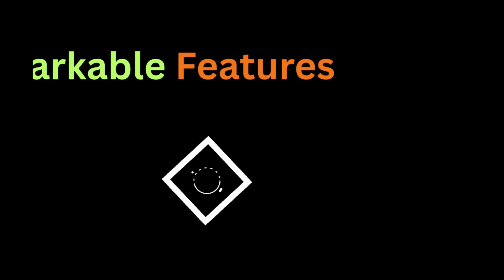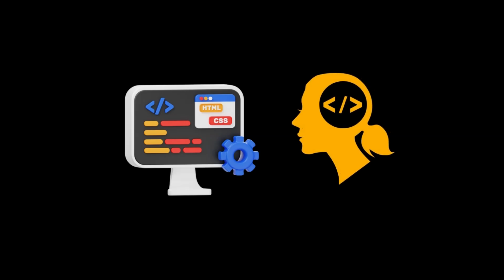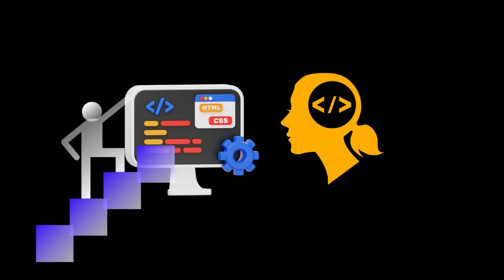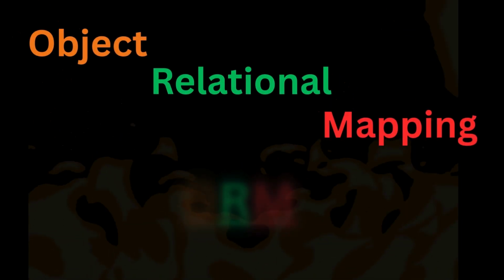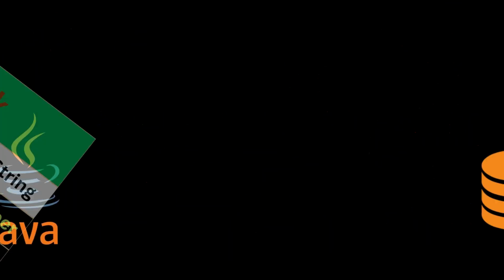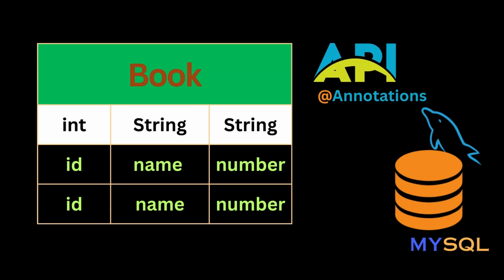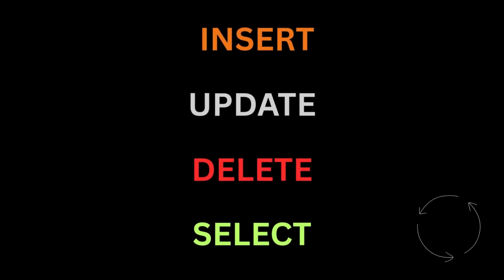Remarkable features. Hibernate's design is centered around making the developer's life easier while providing powerful performance optimizations. Object Relational Mapping, ORM. This is Hibernate's core function. It acts as a translator, automatically mapping a Java class to a database table. You define the mapping once using annotations, and Hibernate handles the repetitive work of writing insert, update, delete, and select statements.